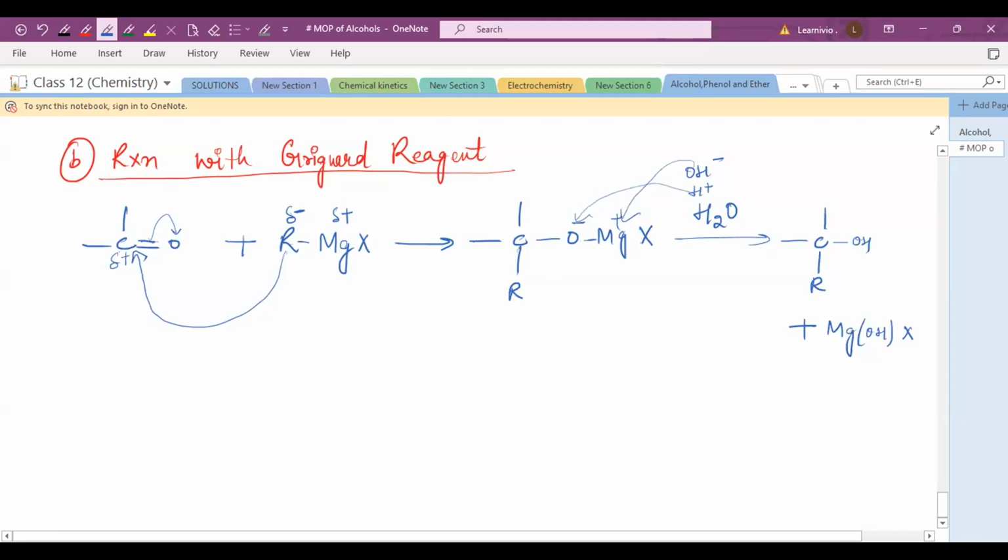So what you are supposed to do is break the pi bond of carbon and oxygen, and then two new bonds are formed: between the carbon and the R group, and between the oxygen and hydrogen. So it's very simple now.